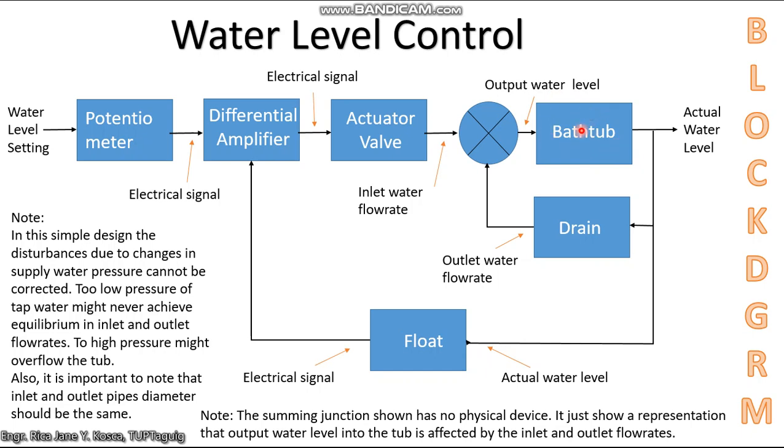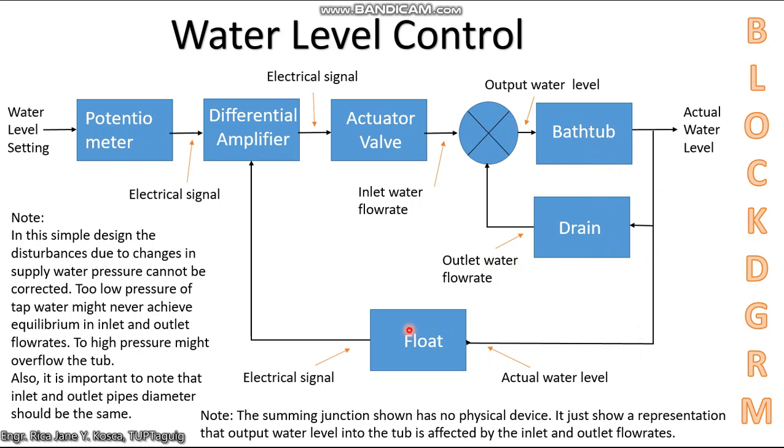Okay, so it's also important, that's why in the problem it is stated that you are required to identify what type of signals are coming out from each block, so that you could analyze well the actual flow of the process.